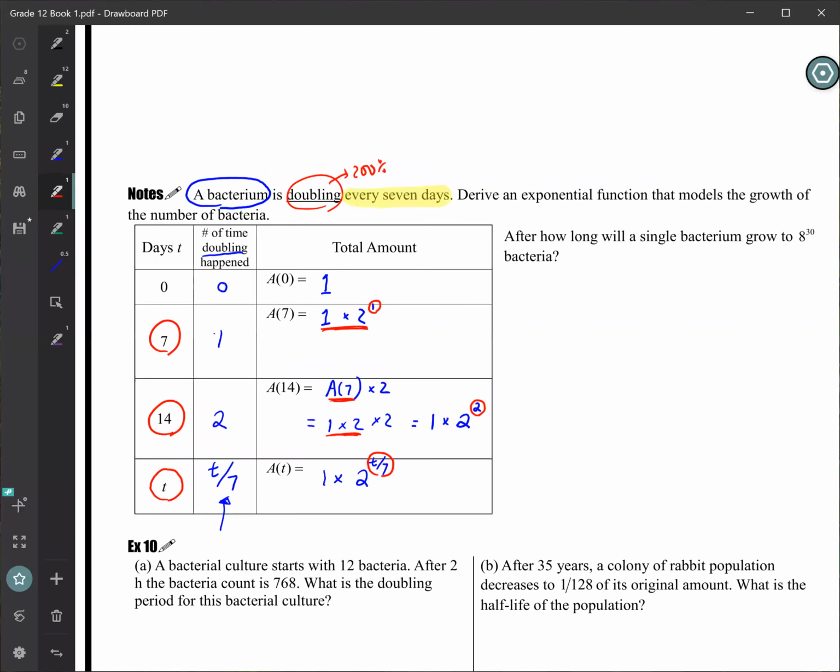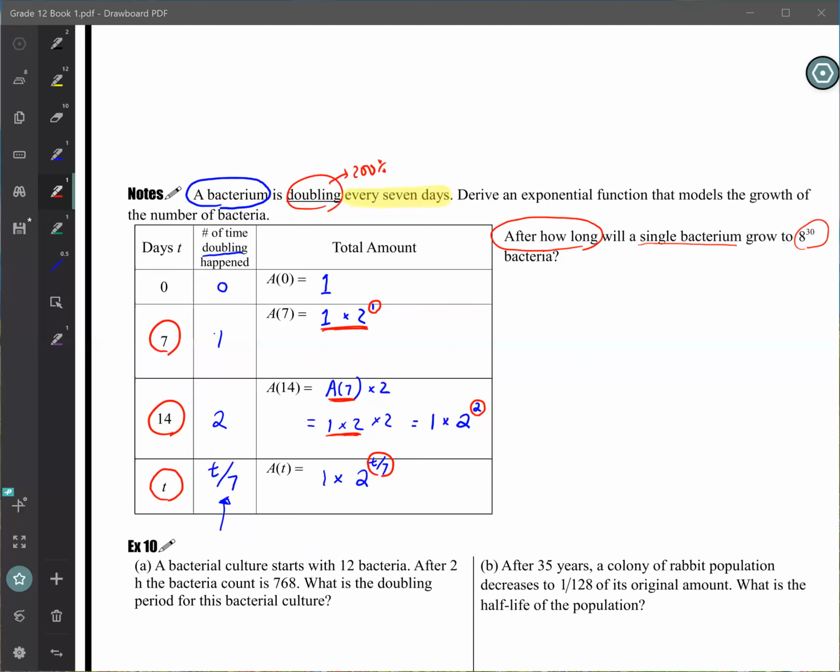So after how long will a single bacterium grow to this amount? Of course that's a big amount. We are looking for how long. Instead of finding how many bacteria, we're looking for how long it takes. So I'll let you try this by yourself first.